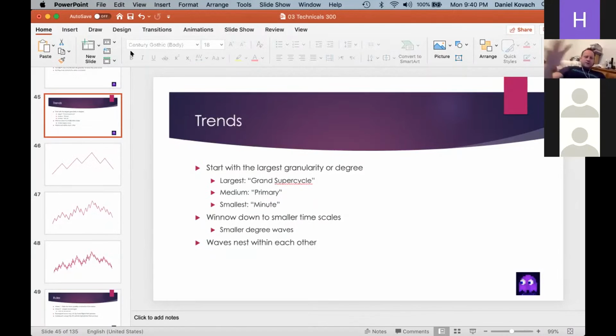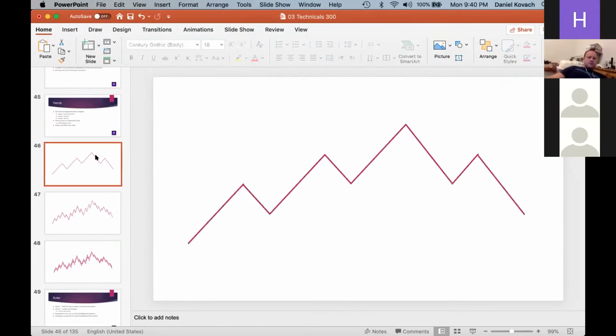That's what I mean by fractal. A fractal is something that you look at where the whole thing bears traits of its components. In other words, an individual set is going to be reflected in itself and the whole picture. These waves nest within each other. This is a basic drawing of a basic Elliott wave pattern.